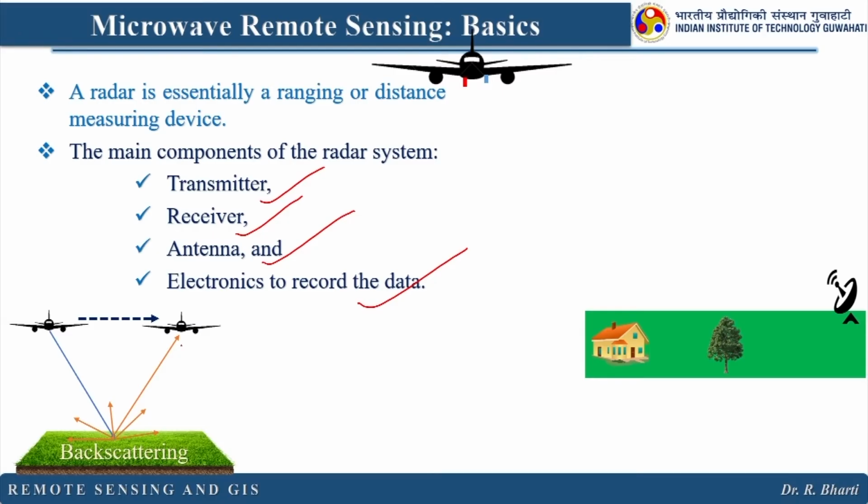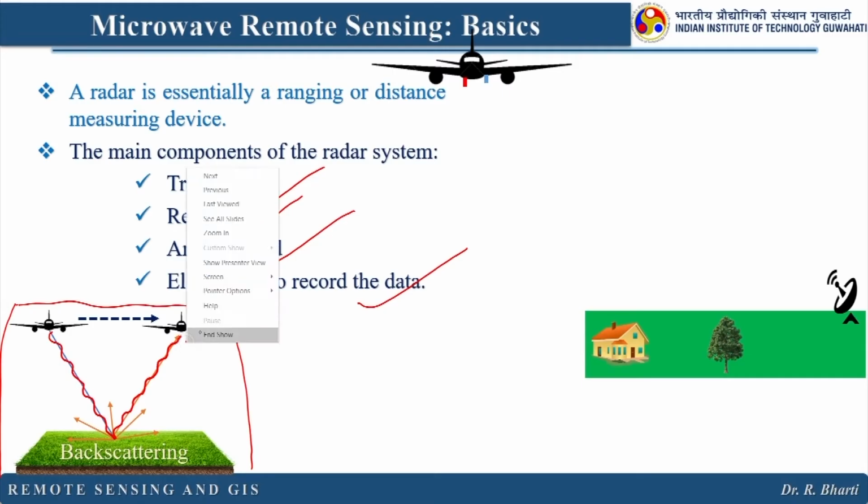In this figure you can see an active radar system, where the system itself has the capability to illuminate a particular surface, and the surface will react and give you the backscattering value. The scattered energy will go back to the satellite or your sensor, which is located either in space or airborne, and that will be captured by this sensor.